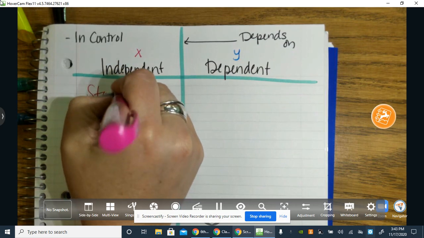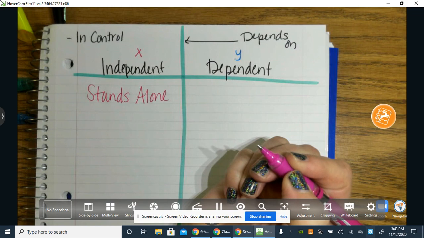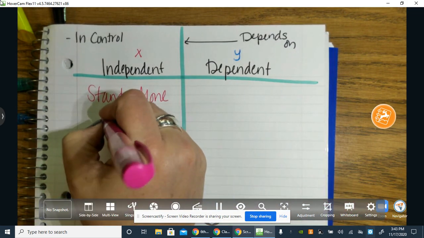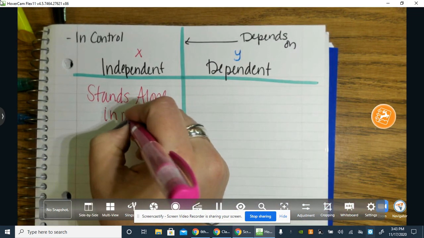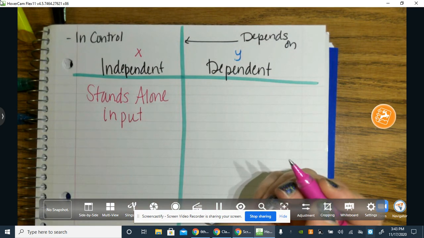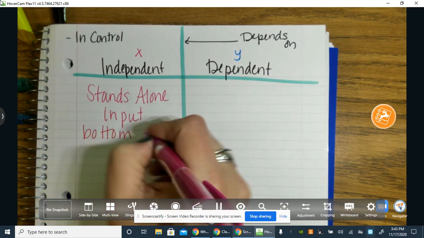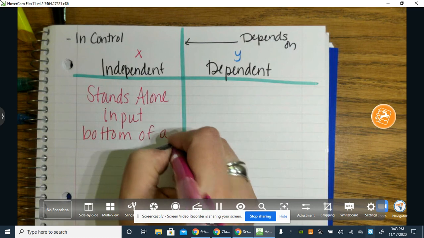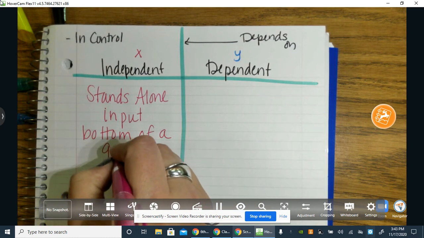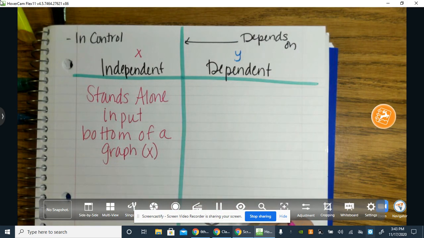So it stands alone. This is also called your input. And when we're talking about our independent variables, like on a graph, this is located at the bottom of a graph, which is your X.